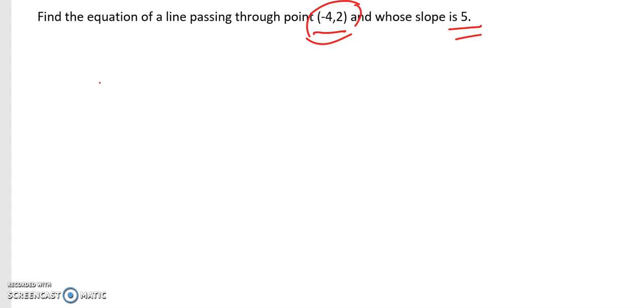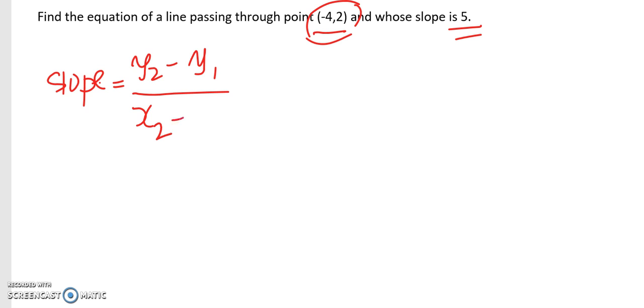So basically, slope is equal to y2 minus y1 over x2 minus x1. Now, x1, y1 is one point, x2, y2 is the other point. So if we know the 2 points, then you can find the slope.